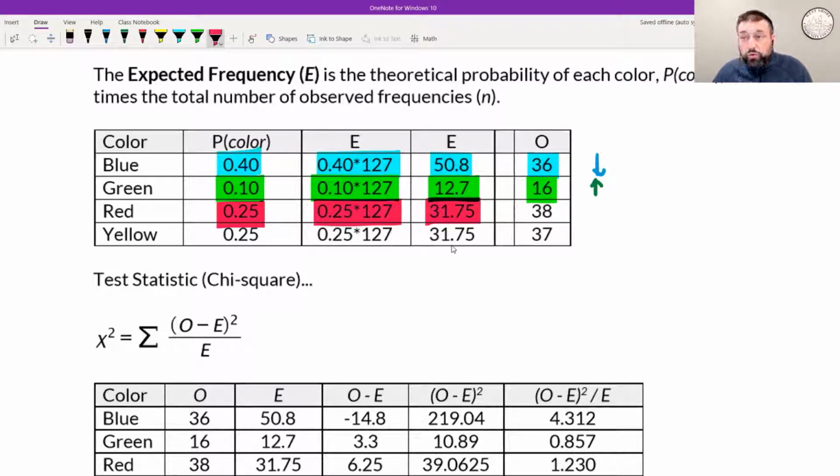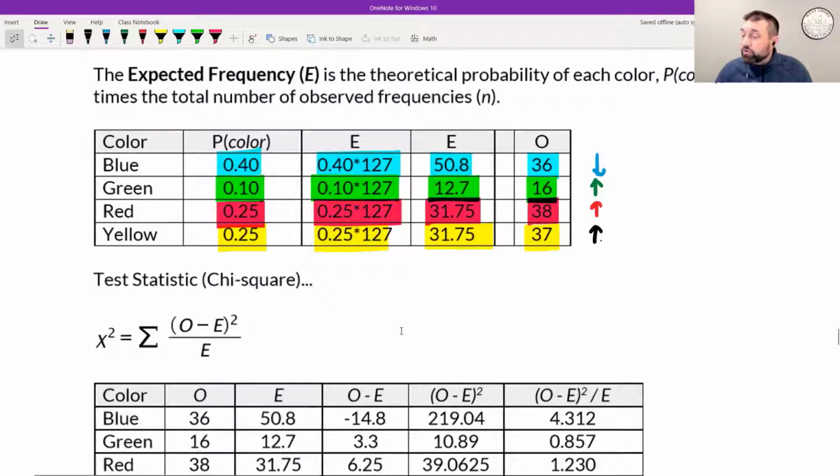That's about 32. We had 38. And so that's a little bit above. And then for yellow, again, 25% of 127 is 31.75, about 32 fruit snacks. We had 37. And once again, that number is a little bit above. So you can see we were low on the number of blues, but we were up on the greens, yellows, and reds. Is this significant?